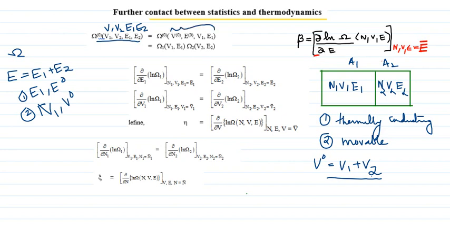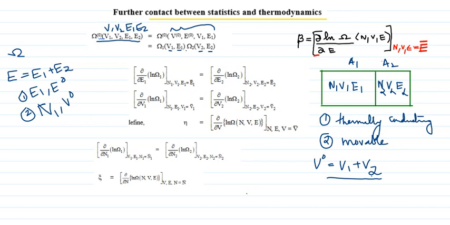So that can be written as omega 1 of V1, E1 into omega 2 of V2, E2, just like in the first case where you just had E1 and E2. Here, along with E1, you will have V1 as well as V2.